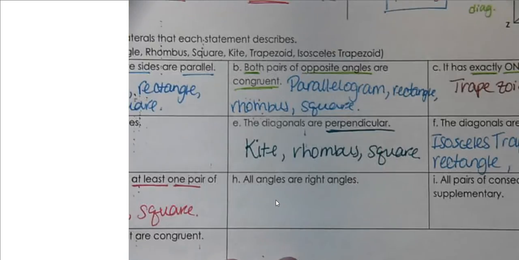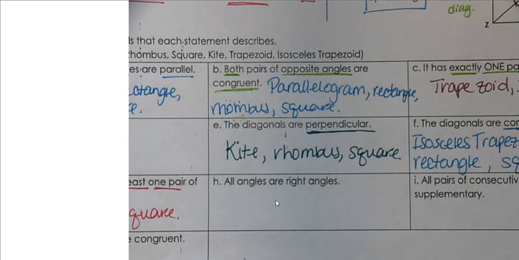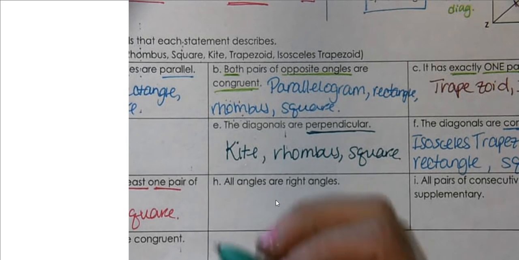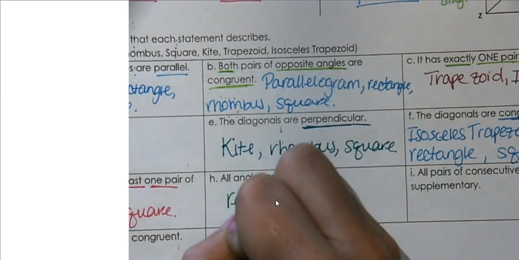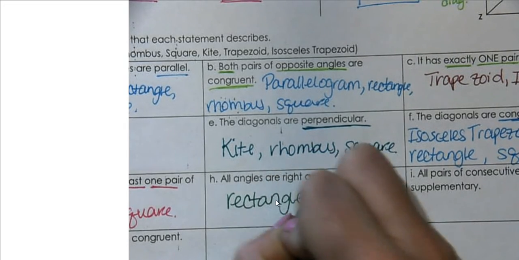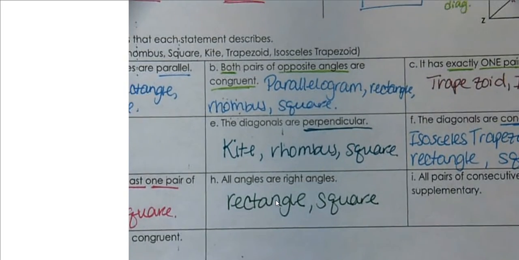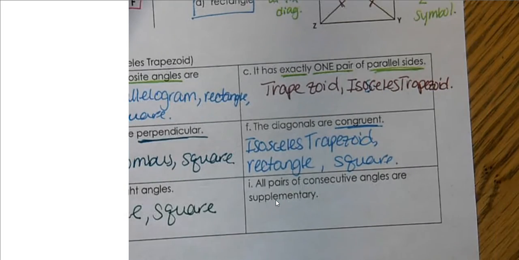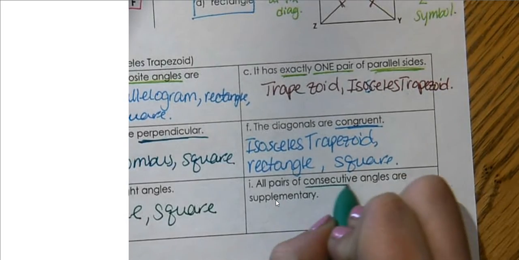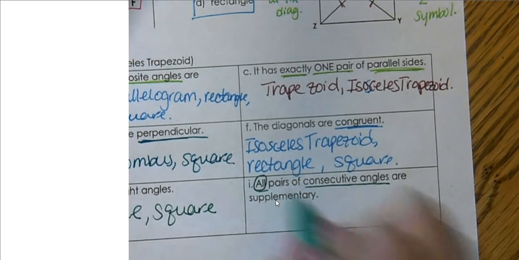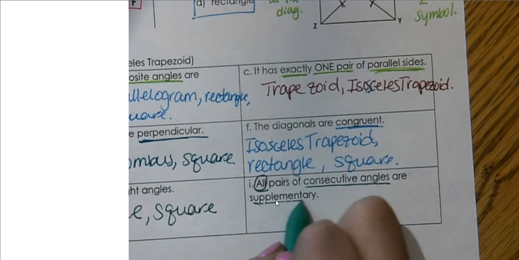All angles are right angles. That takes place in two shapes, and those two shapes are rectangles and square. Letter I, all pairs of consecutive angles are supplementary.